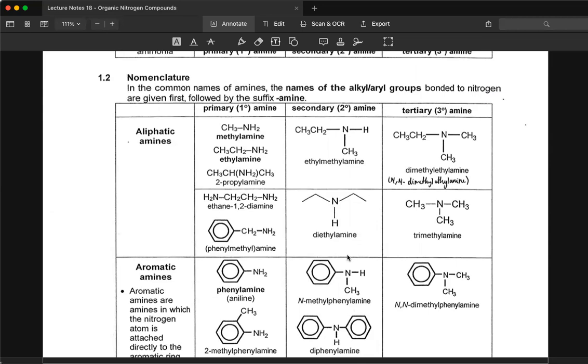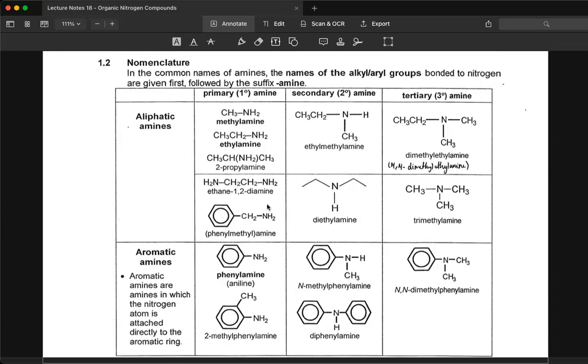For aliphatic primary amine, the examples include methylamine, ethylamine, 2-propylamine, as well as ethane-1,2-diamine and phenylmethylamine. For secondary amine, we have ethylmethylamine, as well as diethylamine. Tertiary amine include dimethylethylamine or trimethylamine.